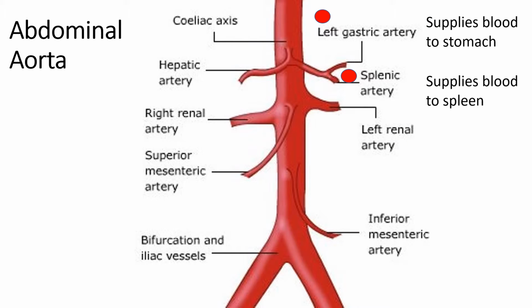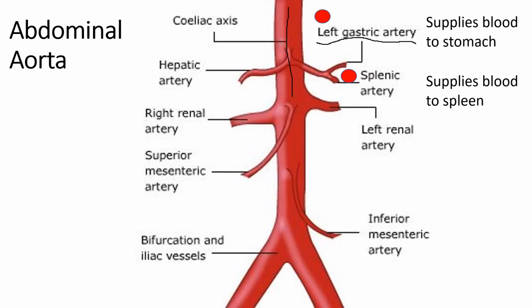All right, so some abdominal arteries. This is just the artery portion that's going through the abdominal area. The left gastric artery supplies blood to the stomach. The splenic artery supplies blood to the spleen. As I'm going over these, remember to have knowledge not only of the anatomical structures, but also where the arteries go.